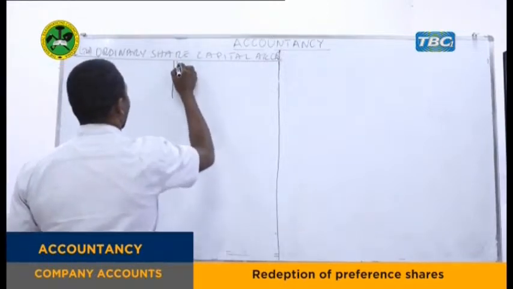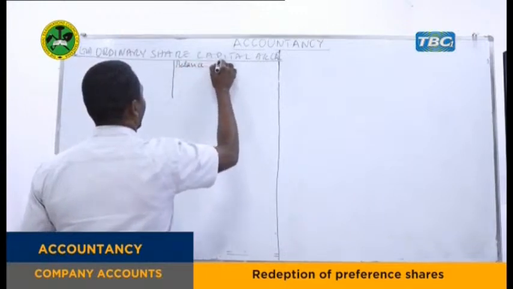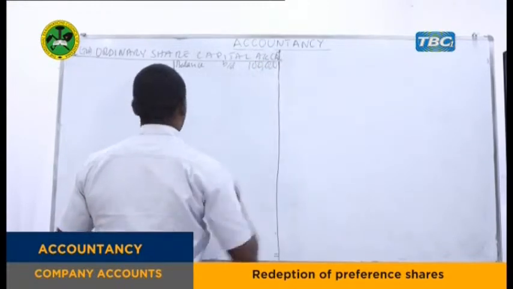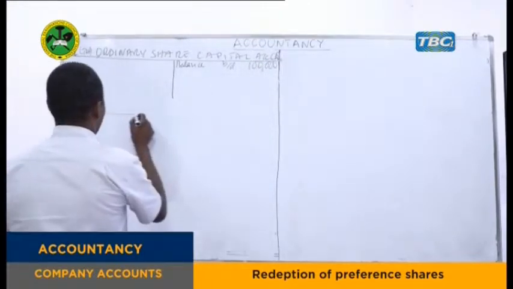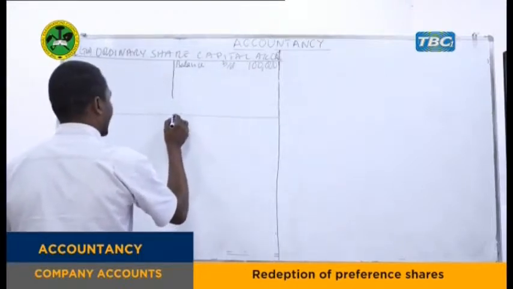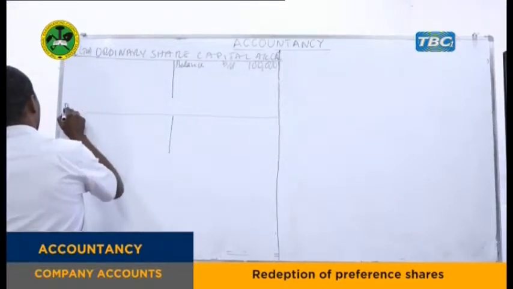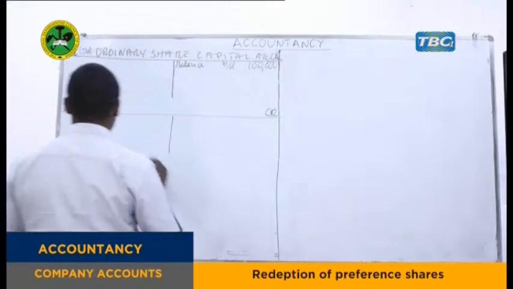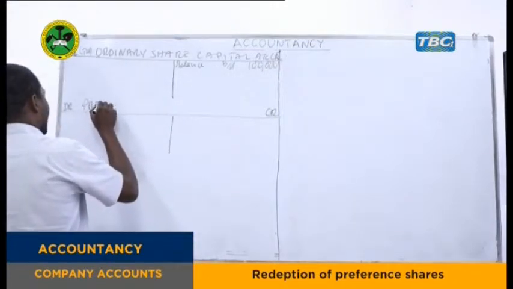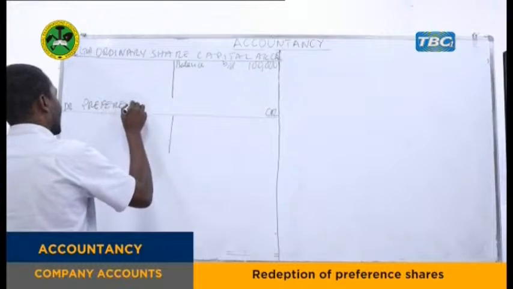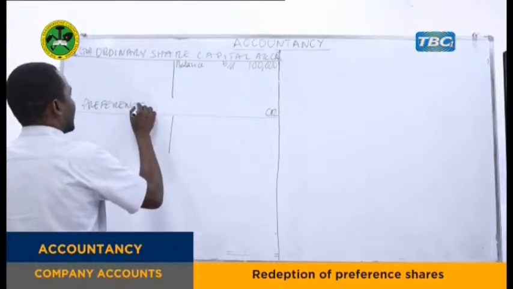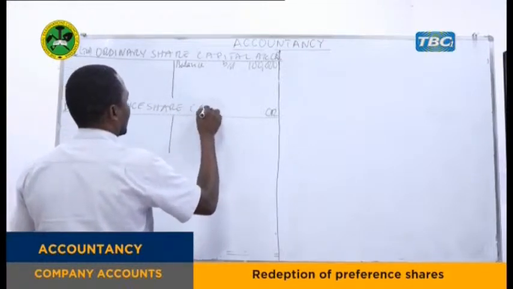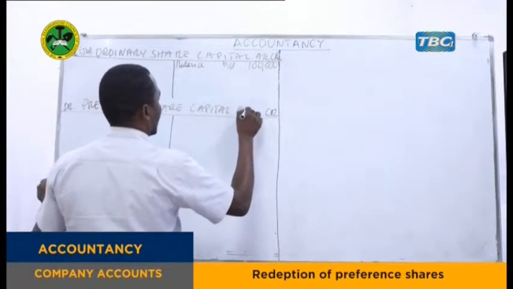We write the balance here, that was 100,000. Then we have the preference share capital account.